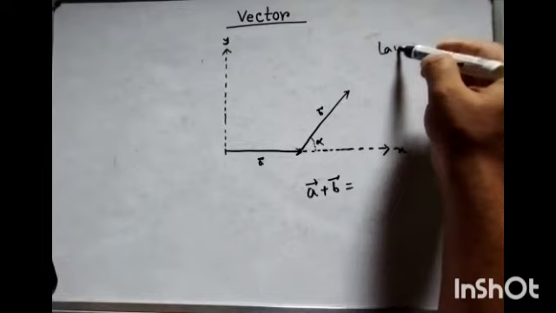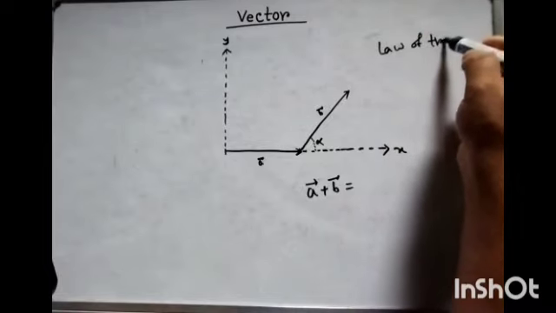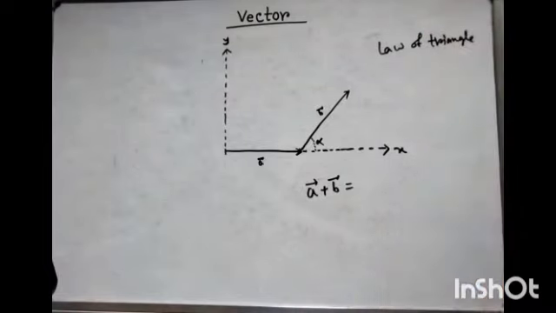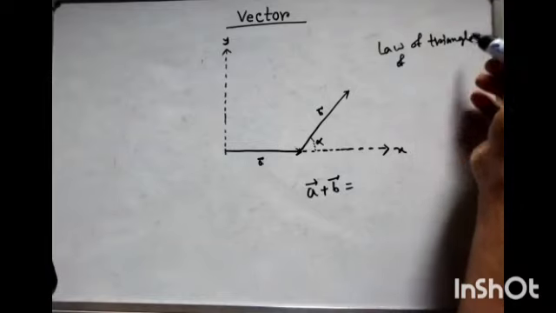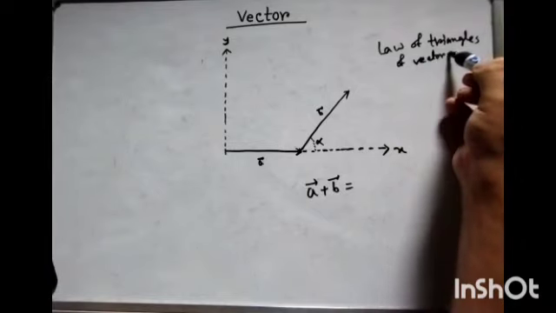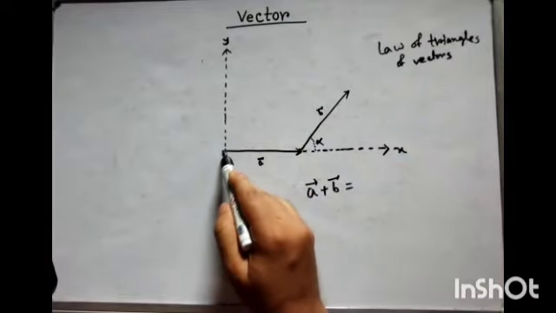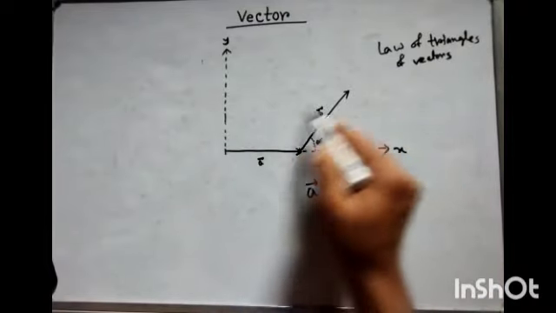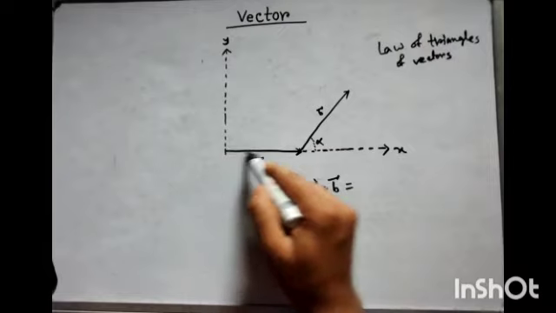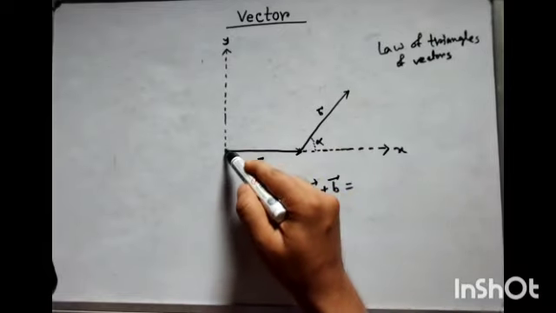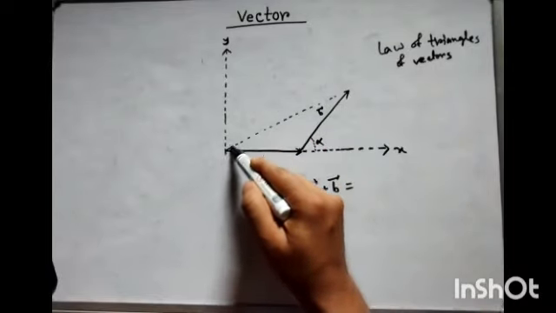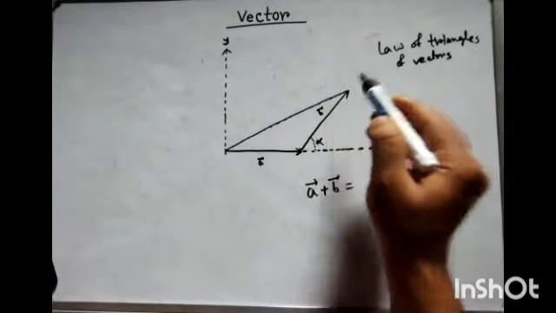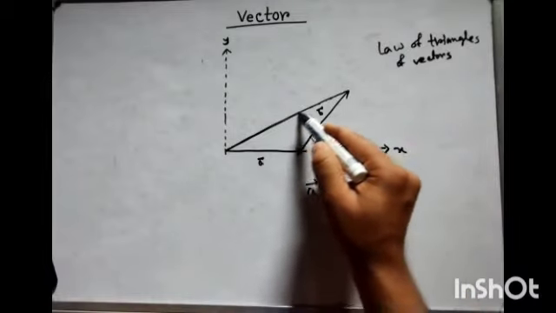Then the law of triangle of vectors says that if you make a triangle with these two vectors, and if you join the initial point and the final point, you will get a triangle.